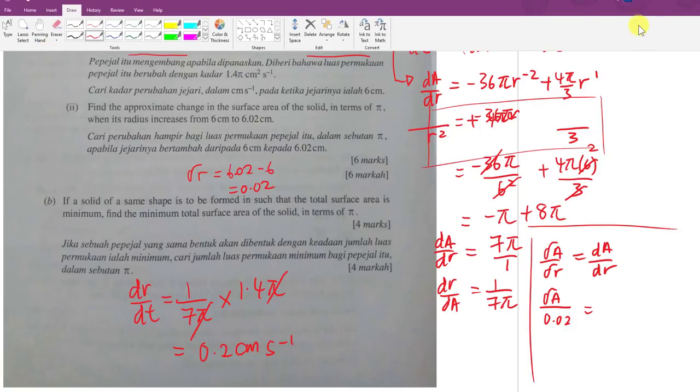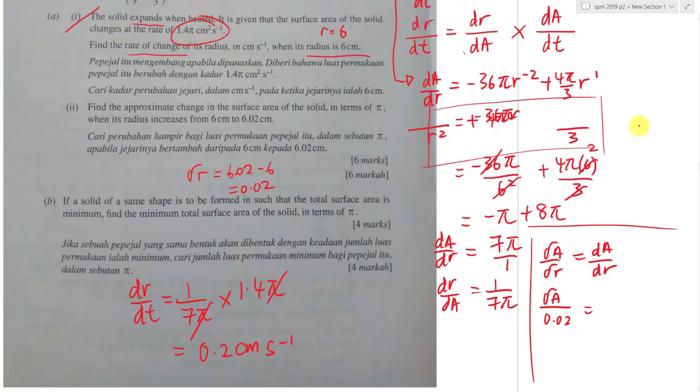I'm not sure why it actually went that way, but anyway, let me see whether I can undo it or not. Okay, it doesn't seem the undo works, but anyway, we know the r value is equal to 6, right? The r value is still the same because just now we already substituted 6 into here.